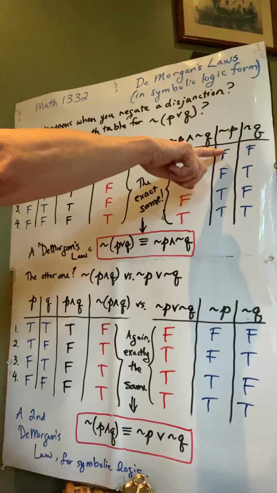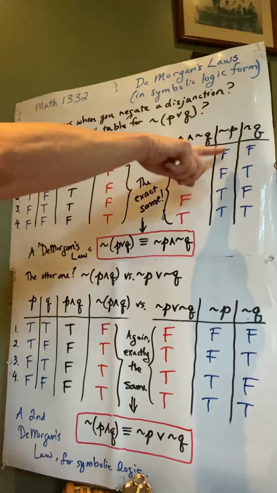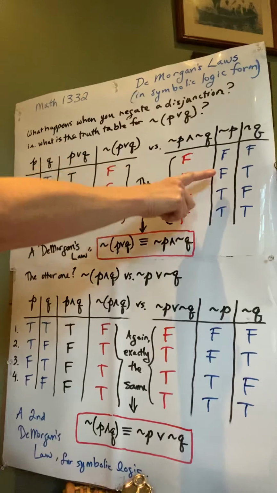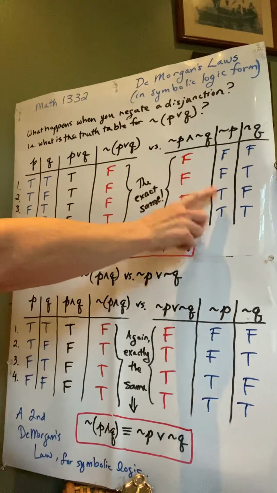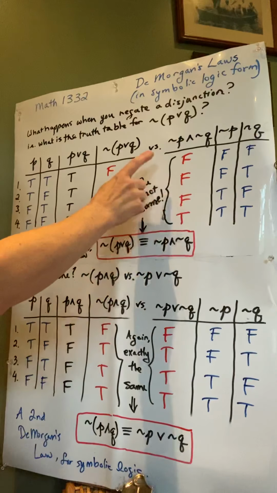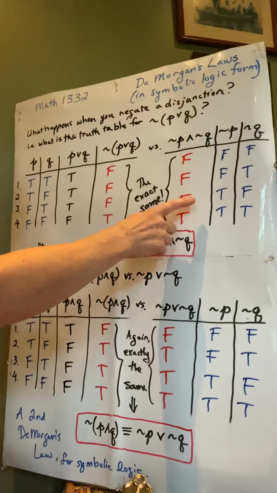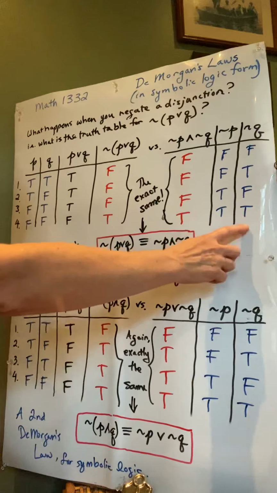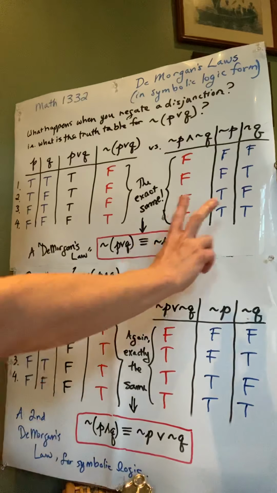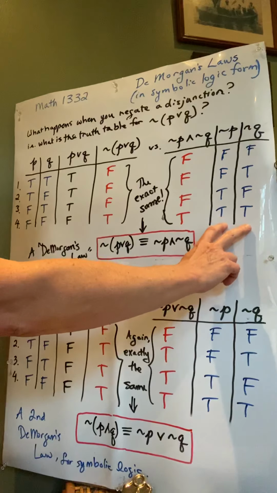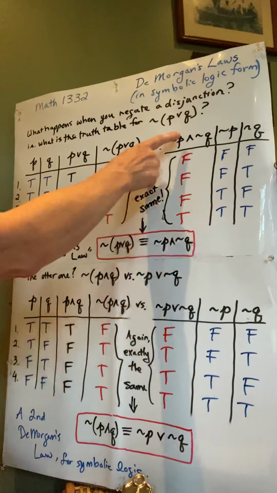So not P and not Q: false and false is false, false and true, false, true and false, false. This is that conjunction that's false all the time unless both are true. So when not P and not Q are true, then their conjunction is true.